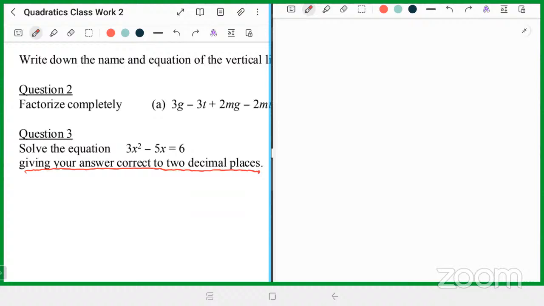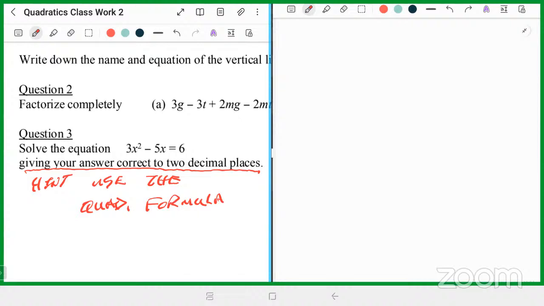And when that is the case, we use the quadratic formula. We don't use factorization. So this is like a hint to say use the quadratic formula.